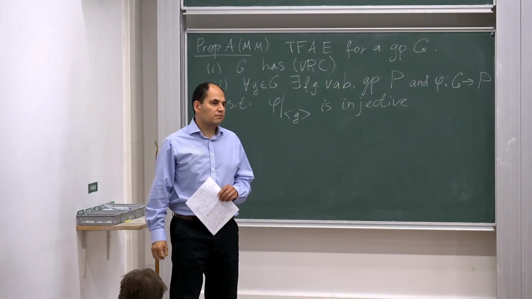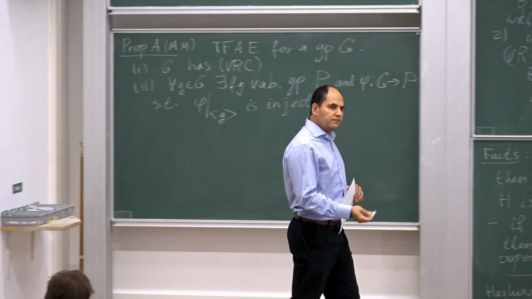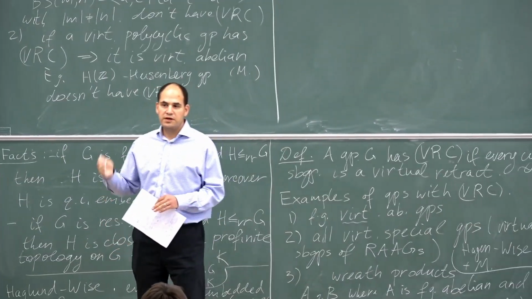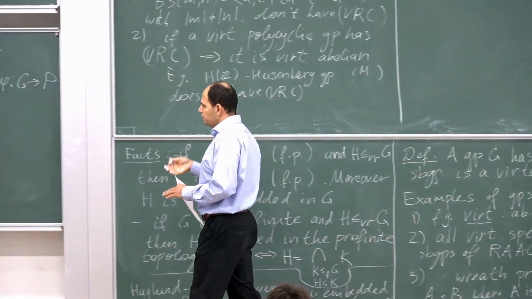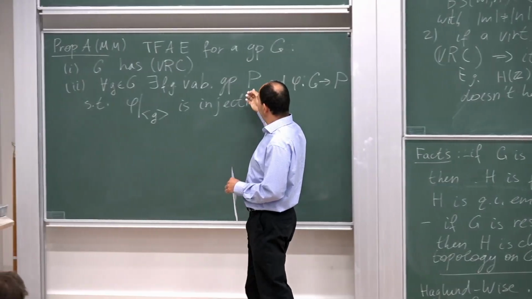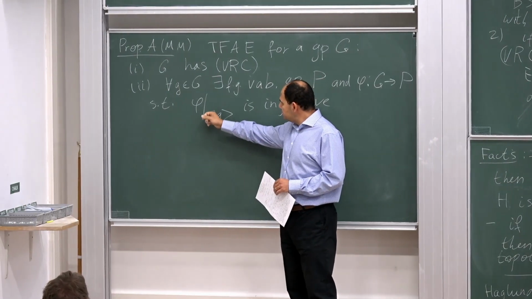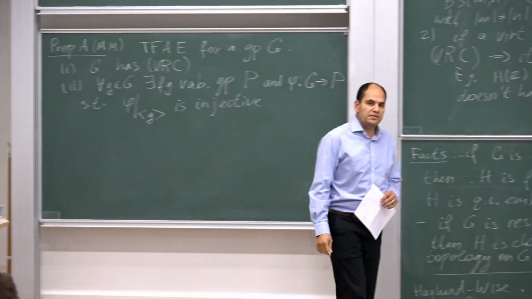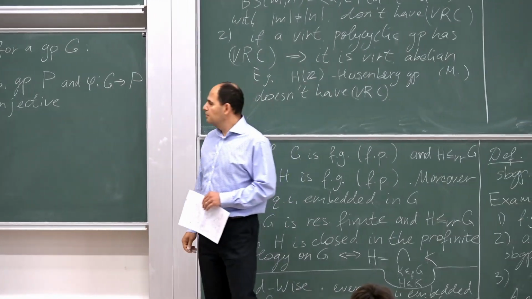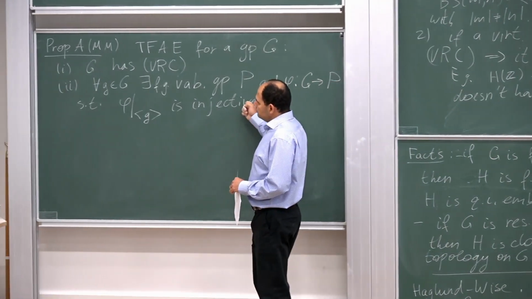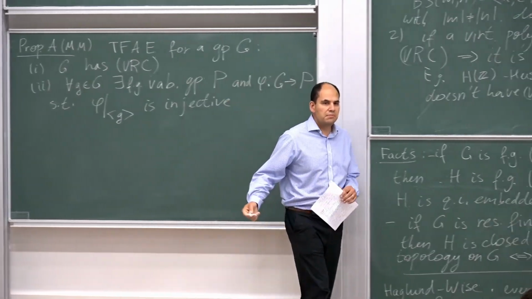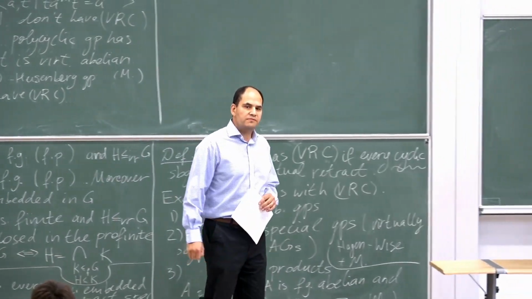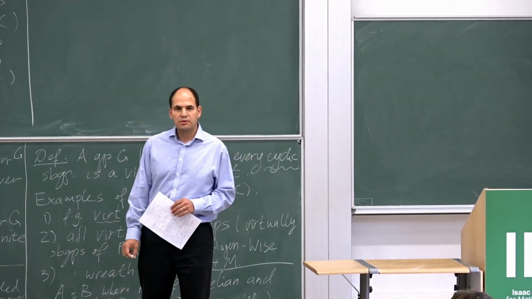So this just says that in order to have VRC, your group will have lots of virtually abelian quotients. Lots and lots. For every finite or infinite order element, there must be a virtually abelian quotient which sees the order of your element, which is injective on the cyclic subgroup generated by this element, right? So it's a residual property in that sense, an approximation property by finitely generated virtually abelian groups.